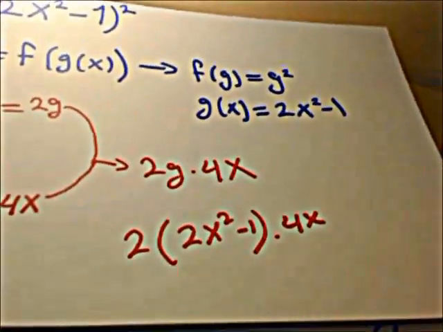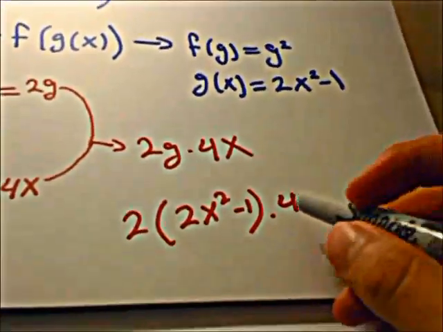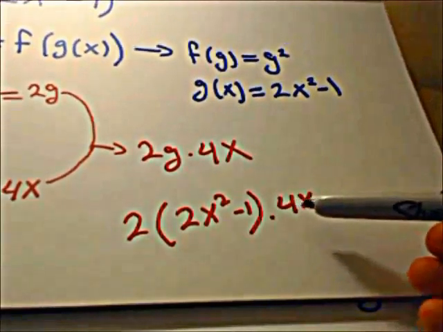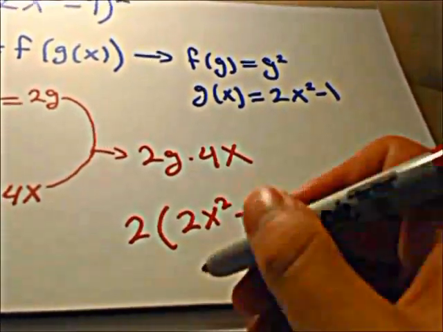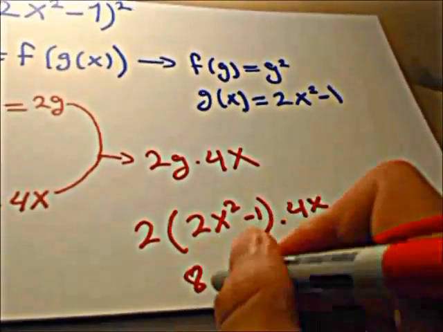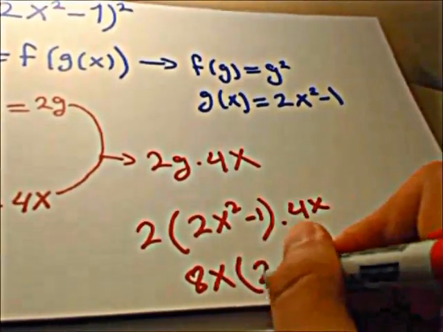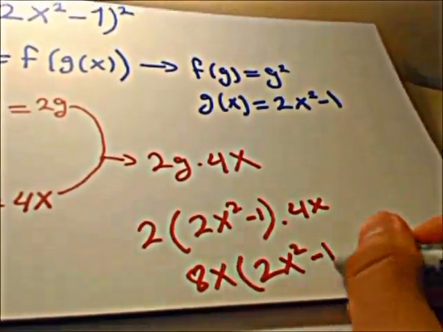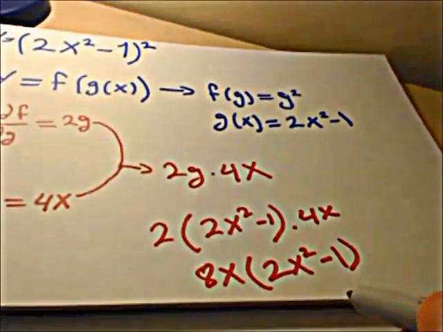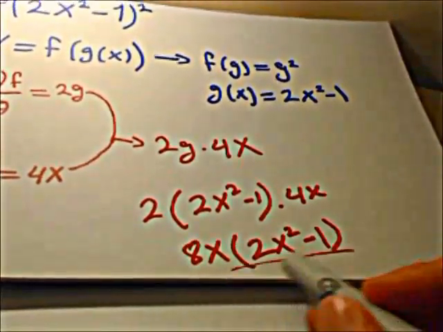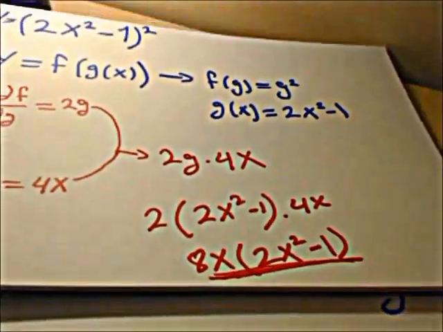After that we just simplify it. We multiply the 4x with the 2, so it's going to be 8x times (2x squared minus 1), and that's the final answer. So that's the main idea of the chain rule.